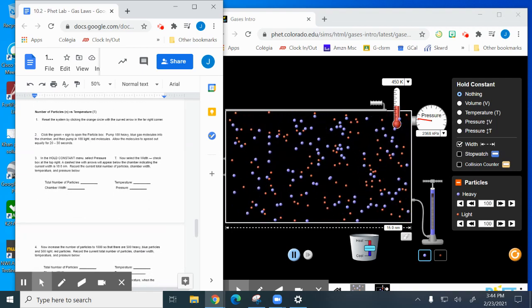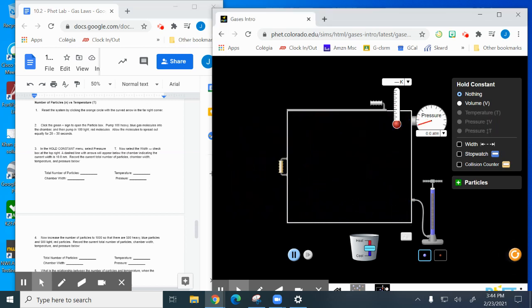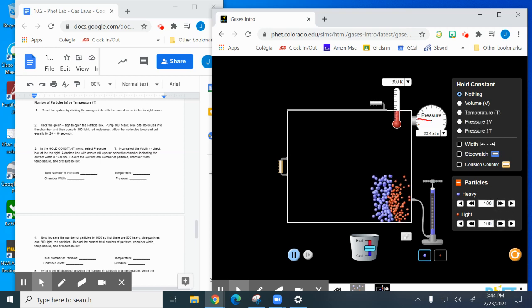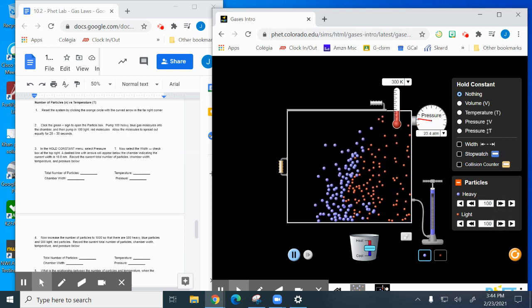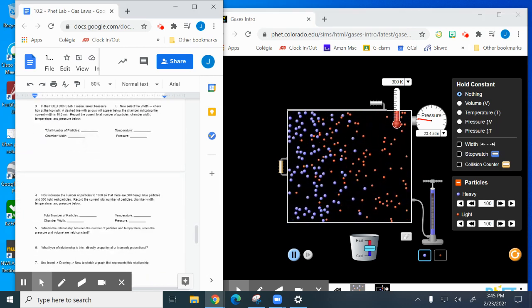All right, we're nearly at the end here. Now reset the system by clicking the orange circle. Boom. Far right. Click the green. Okay, we're going to add 100 of each again. And let them spread out. In the hold constant menu, now we're going to hold the pressure constant instead.